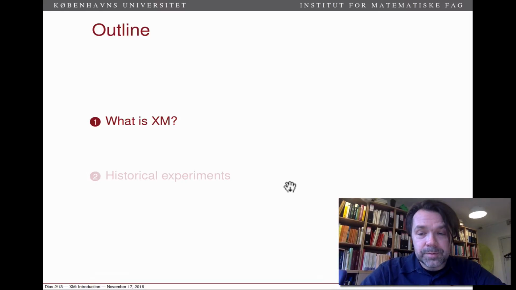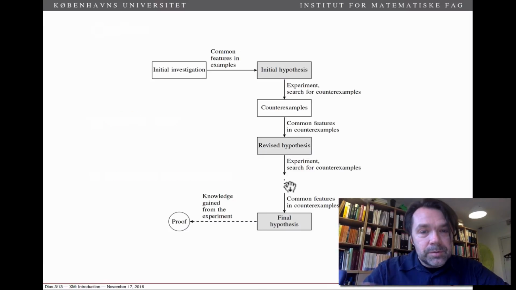On the contrary, the main purpose of the course is to explain that we are going to make experiments that will aid us in the traditional endeavors of mathematics, that is, proving theorems, essentially. This figure here I'm going to show you many times in the course, and this is essentially the way that I would like you to think of the process of experimental mathematics.